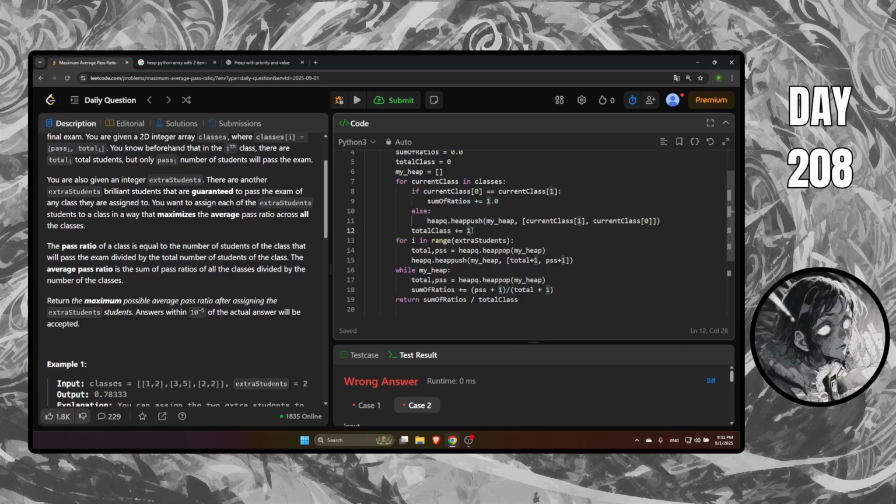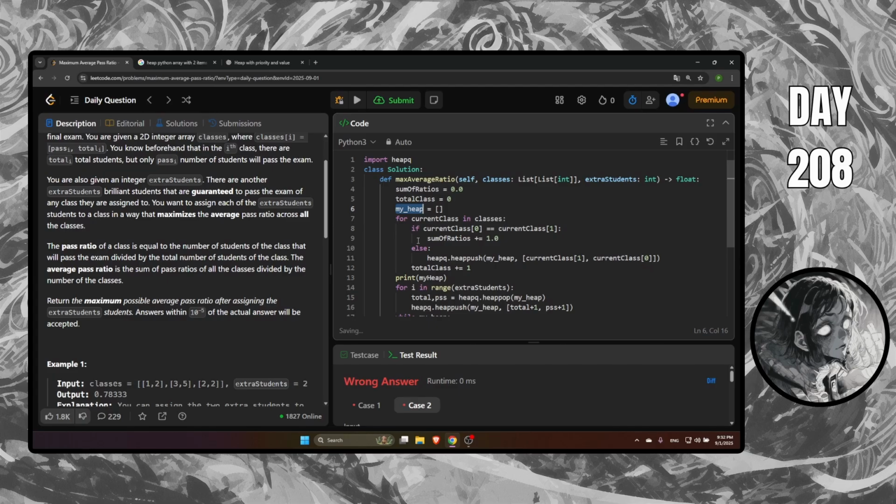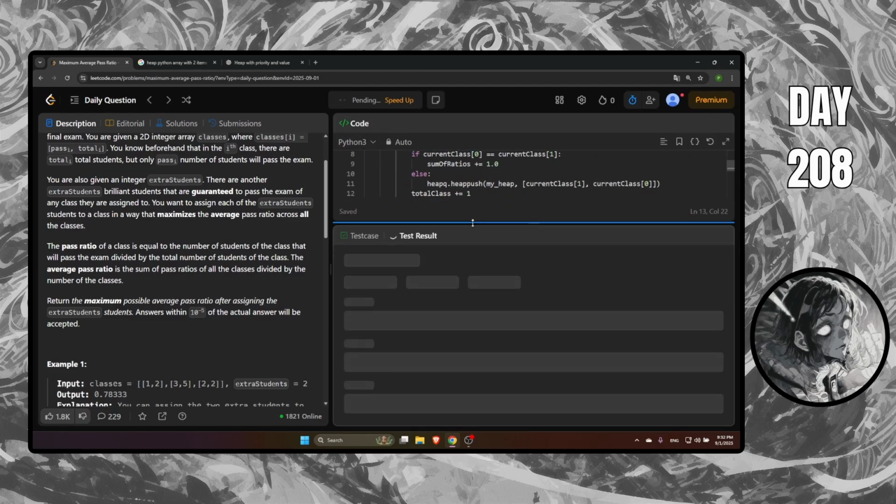Total class plus equals 1. Let's print my heap, if I can do it.